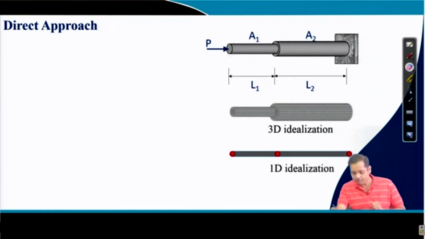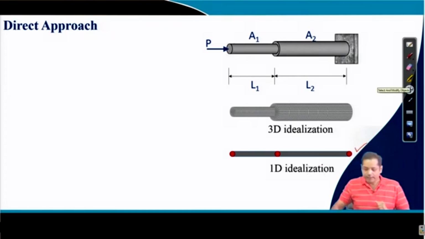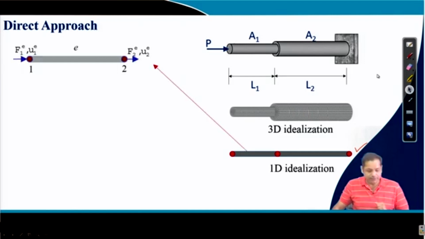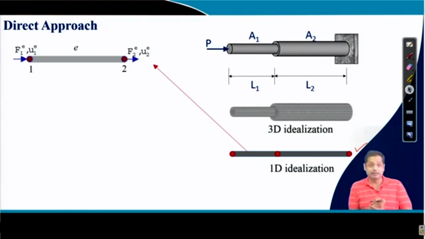We'll take this idealization. Now, you recall in the last class we have seen that if we take this idealization, and take any single element in the 1D bar, then at the element level these are the forces and the displacements.